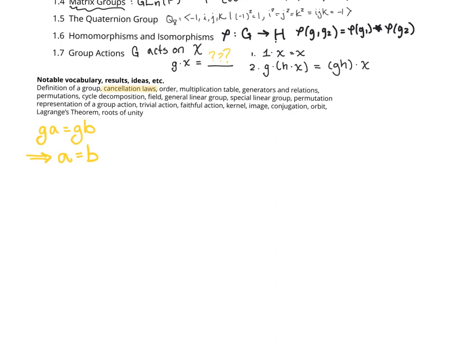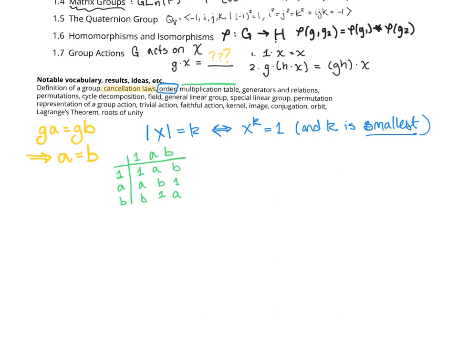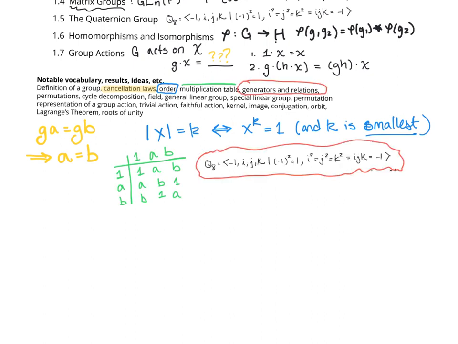We know the idea of order: how many times we have to apply the group operation to an element and itself over and over again until we get the identity, or the order of the group, the size of the group. We know how to build a multiplication table or a Cayley table. We understand generators and relations. We can see an example of that in our descriptions for D2N or for Q8 above.